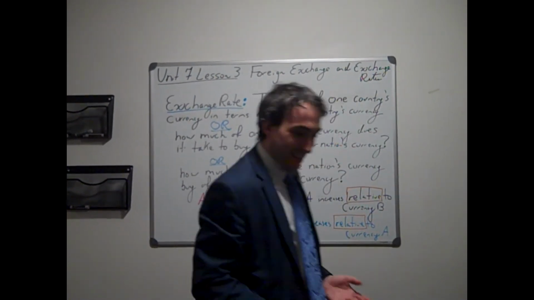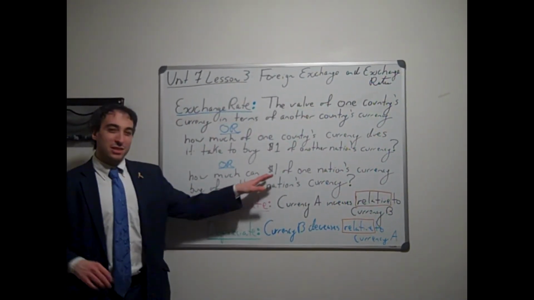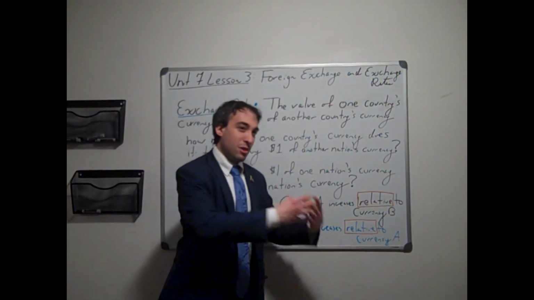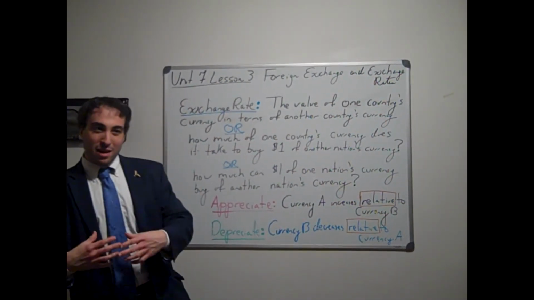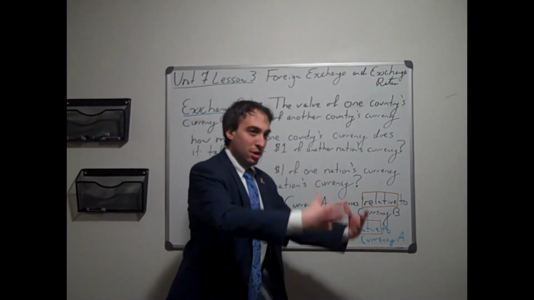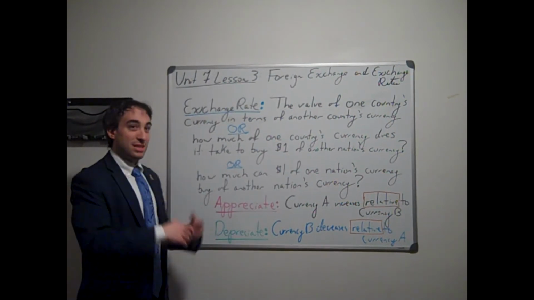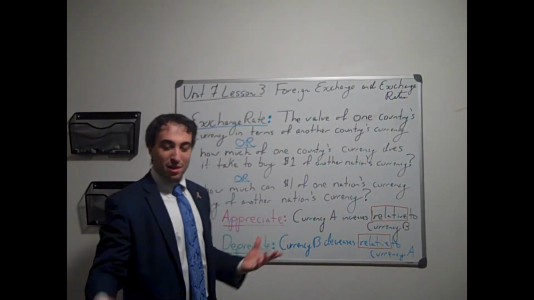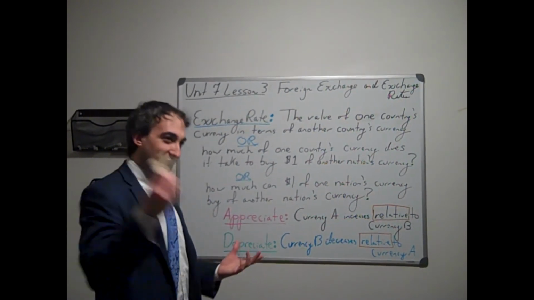Look at all these coins, making it hail. And so if $1 can buy a lot of another currency, we would say that dollar is appreciated against the peso or against whatever other currency that is, or against the yen or yuan. A whole bunch of currencies out there that the dollar is stronger against.